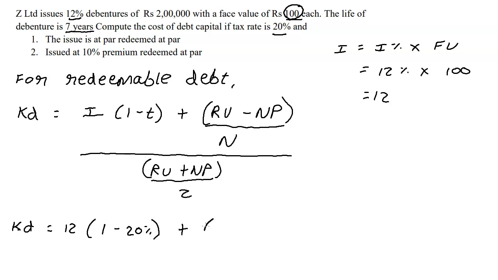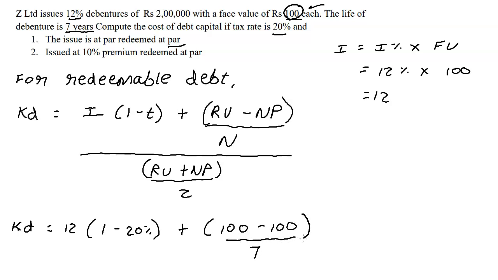Plus redemption value, they're saying it's redeemed at par. So par means again 100. 100 minus net proceeds. And the net proceeds, they have not told us any flotation cost, brokerage cost, so we have to assume that the net proceeds is also going to be 100. So if you notice, 100 minus 100, it doesn't matter what the number of years is because 0 upon anything is 0.